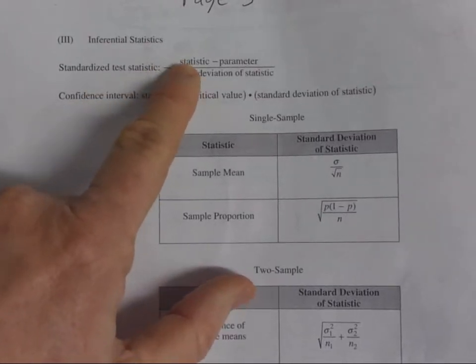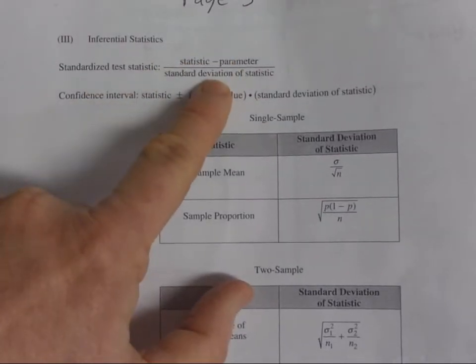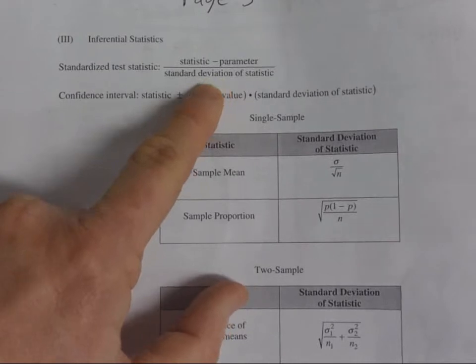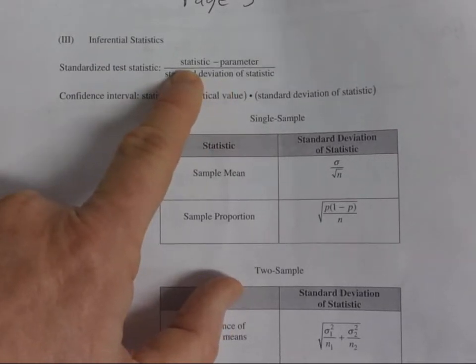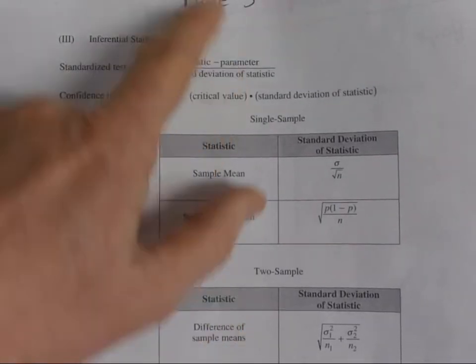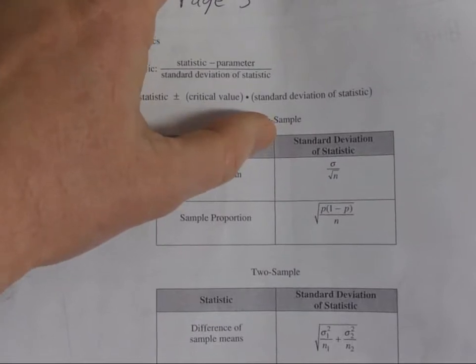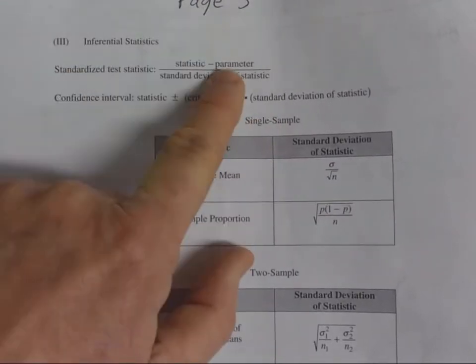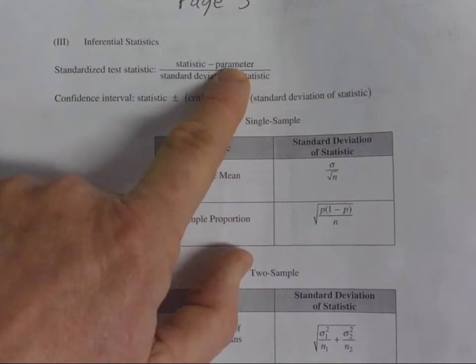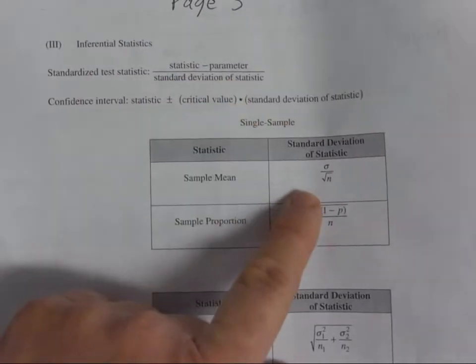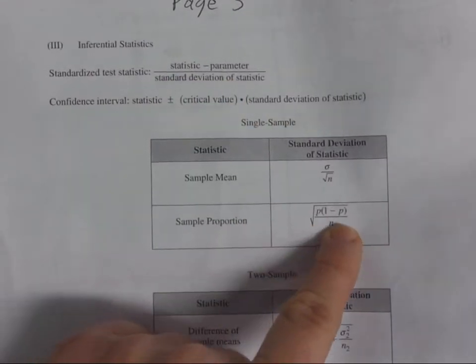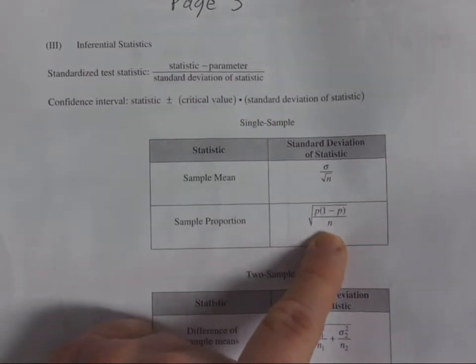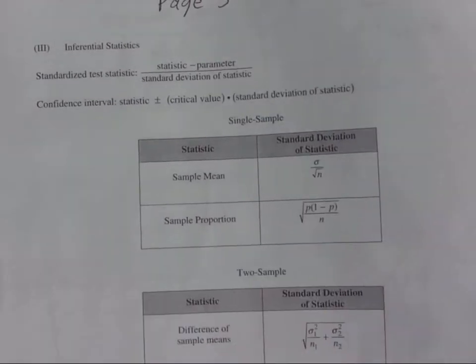It is statistic minus parameter over standard deviation of statistic. So our statistic is going to be p-hat in this case. Our parameter we don't know, but we're assuming that it's 0.1, so that is our hypothesized parameter. The standard deviation of the statistic is really similar to what we had before. Whereas in the last chapter we used p-hat there, now we use p naught.